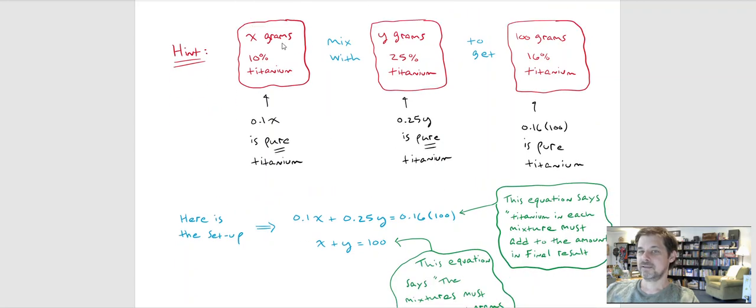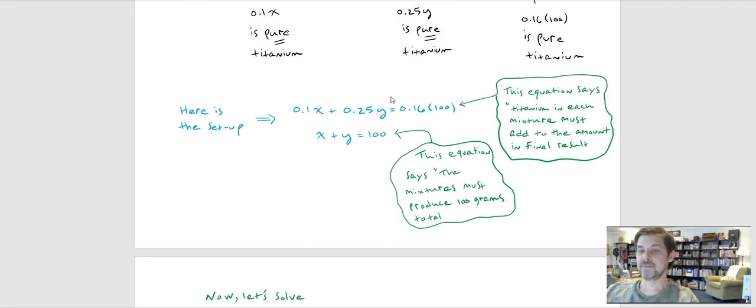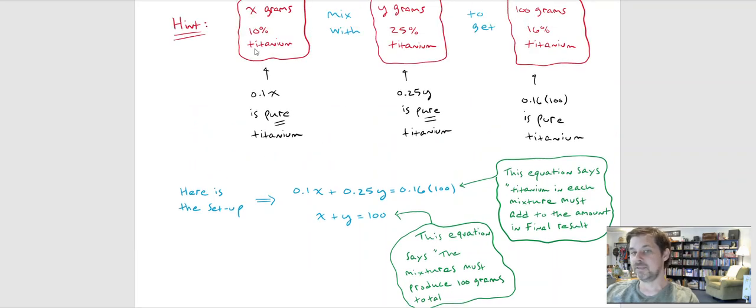On one hand, the amount of titanium in this plus the amount of titanium in this must equal the amount of titanium in the final mixture. Just makes sense that the whole is the sum of the parts, and each one of these alloys has a certain amount of titanium in them. So in this equation, 0.1 times X is pure titanium.